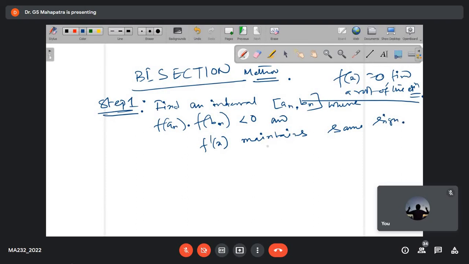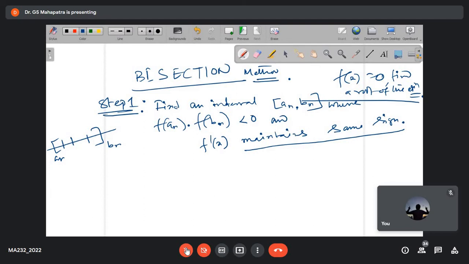What is the meaning? Either increasing or decreasing. It should not be that one time f dash x is 0, another time f dash x is positive, one time negative. If you consider a small interval, that means the interval a n and b n, if you divide it again, in the small interval it should not be sometimes increasing, sometimes decreasing.